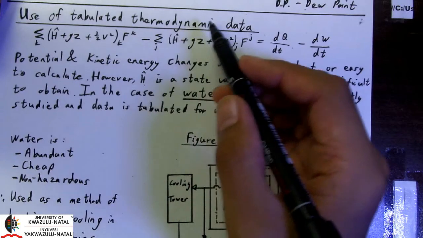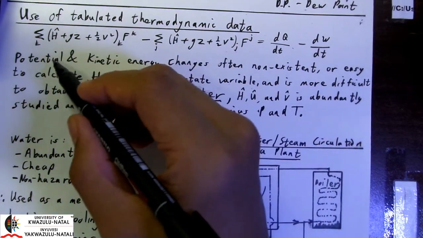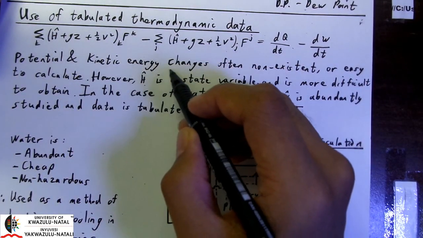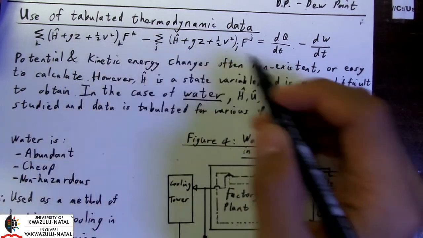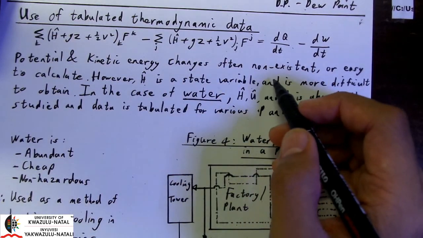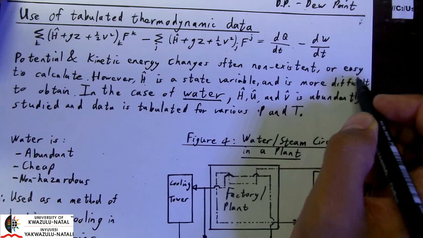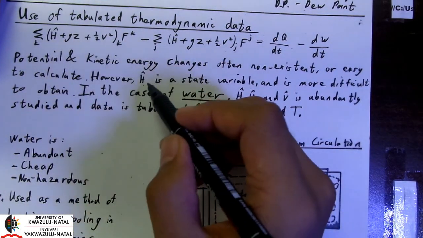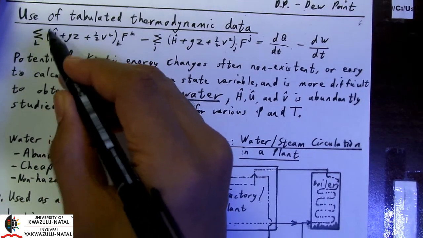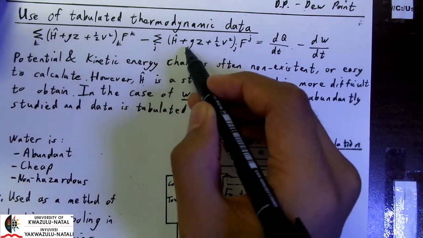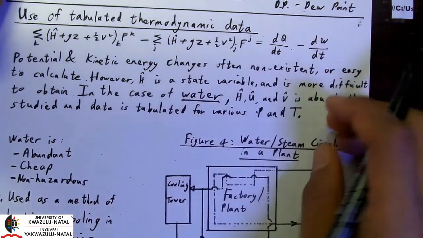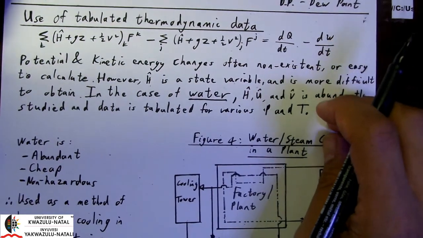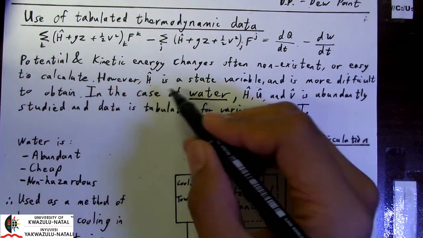Now, typically for chemical engineering purposes, potential and kinetic energy are often quite negligible or non-existent, or alternatively quite easy to calculate. However, it is our enthalpy, our state variable here, in our input and output that can be significantly more difficult and more tedious to calculate.